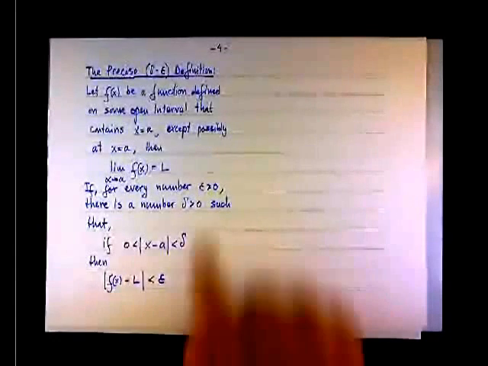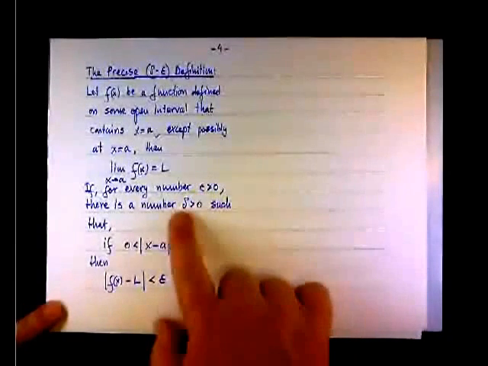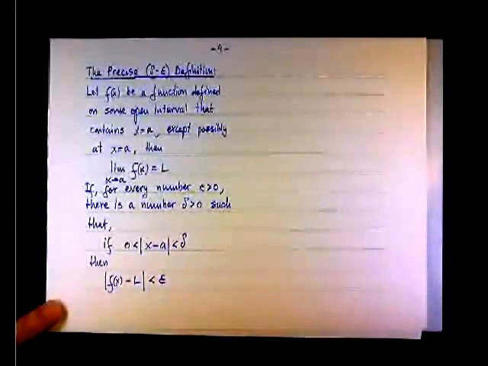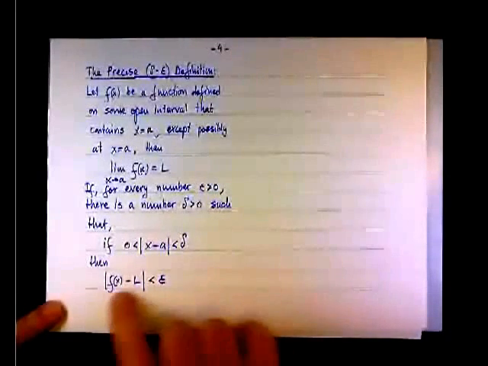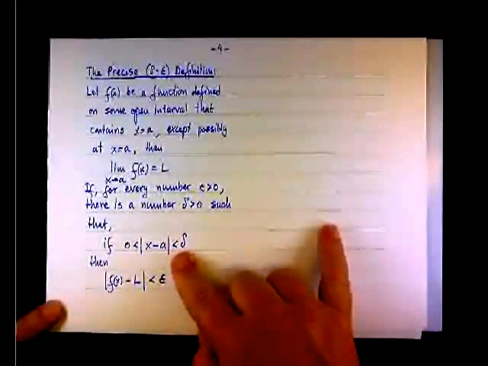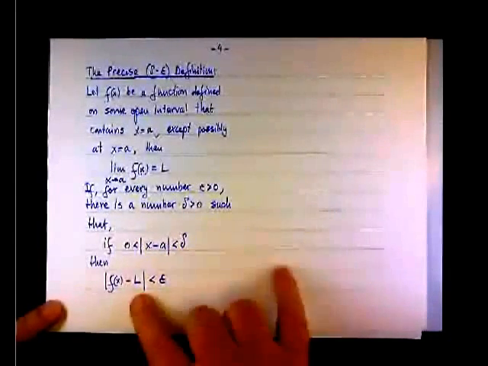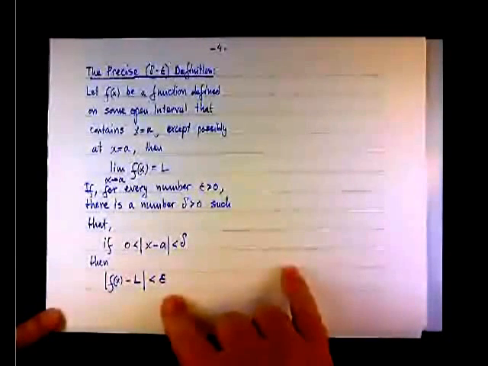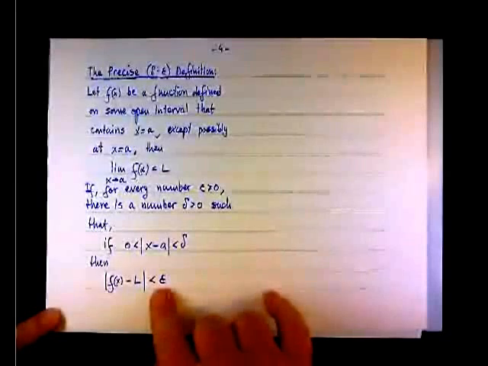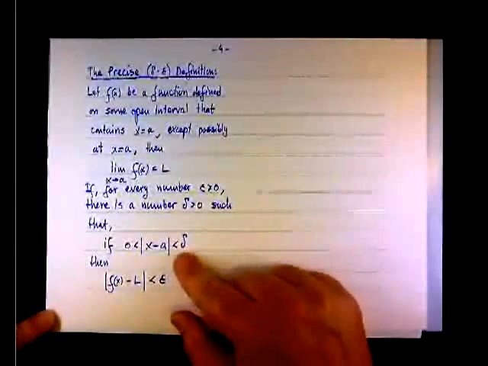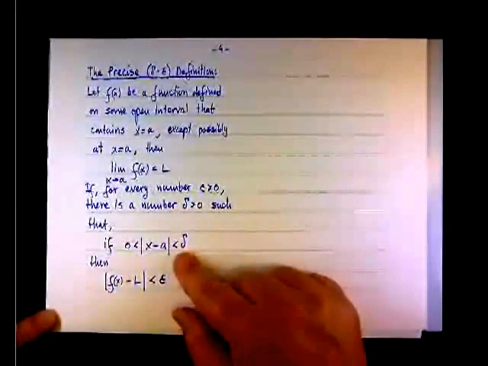It doesn't matter how small it is, we can always find a delta, the tolerance on the input x, such that if x minus a is less than that value of delta, then f of x minus L is less than epsilon, the tolerance on the output. So epsilon is the tolerance on the output, the y value, and delta is the tolerance on the input, the x value.